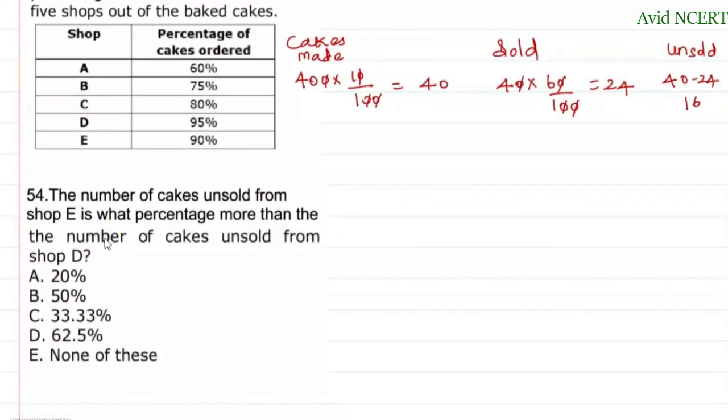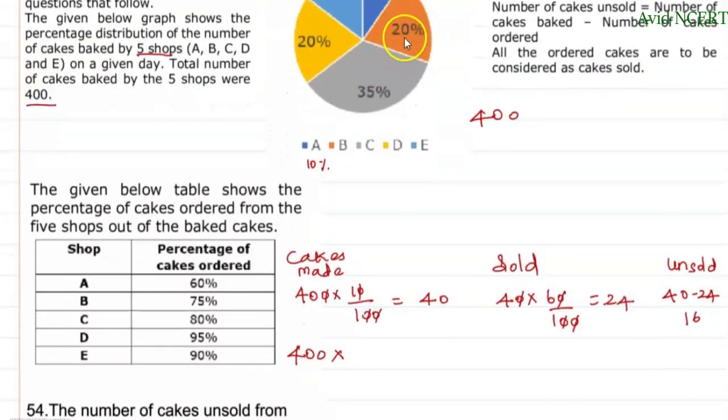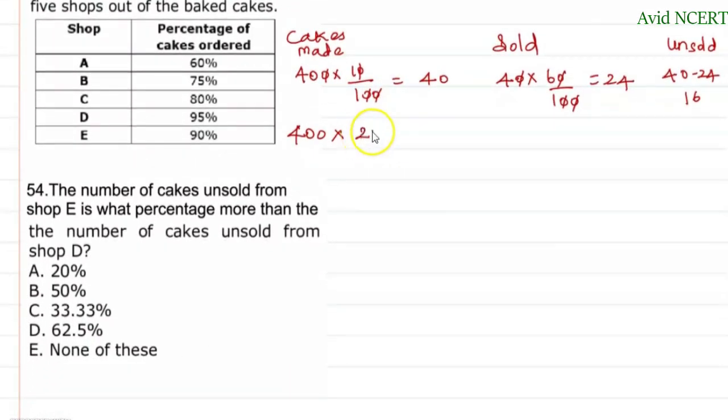So now for B, first let's find the number of cakes they made, which is 400 times 20%, which is 20 by 100. The zeros get cancelled, which is 40 times 2 is 80. Number of cakes made by shop B is 80. The percentage of cakes ordered from shop B is 75%.